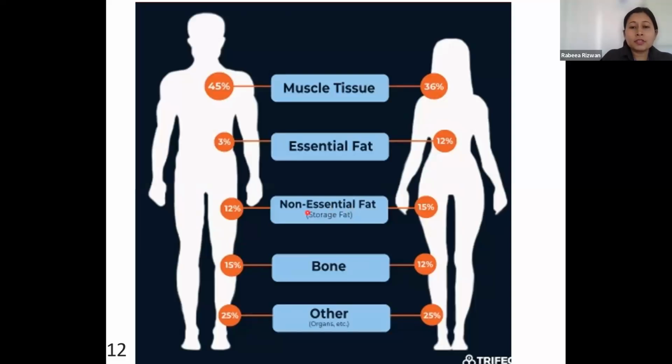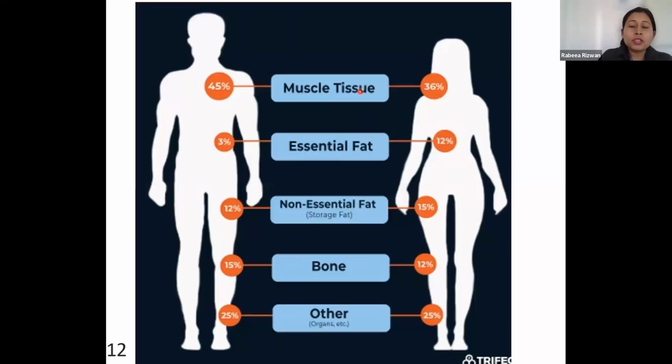So it shows that the person is going towards an unhealthy condition, obesity, that may lead to chronic diseases or ill health problems like metabolic problems, diabetes, cardiovascular diseases. So the chances of these chronic diseases increase due to an increase of non-essential fat, which is also called the storage fat in our body.